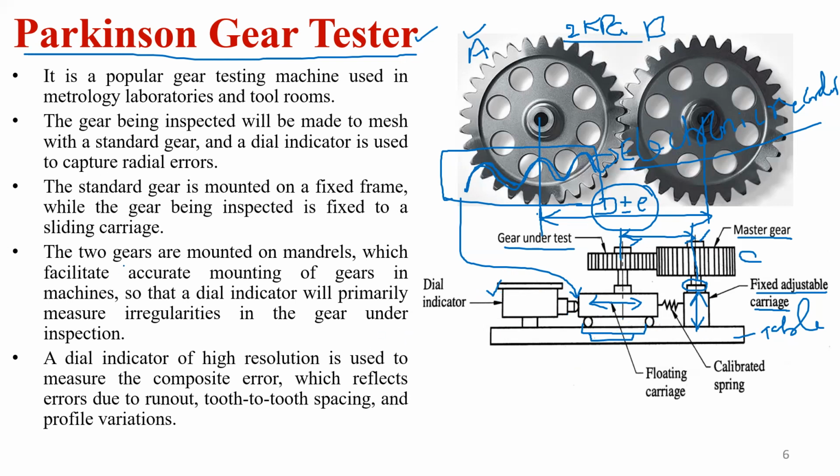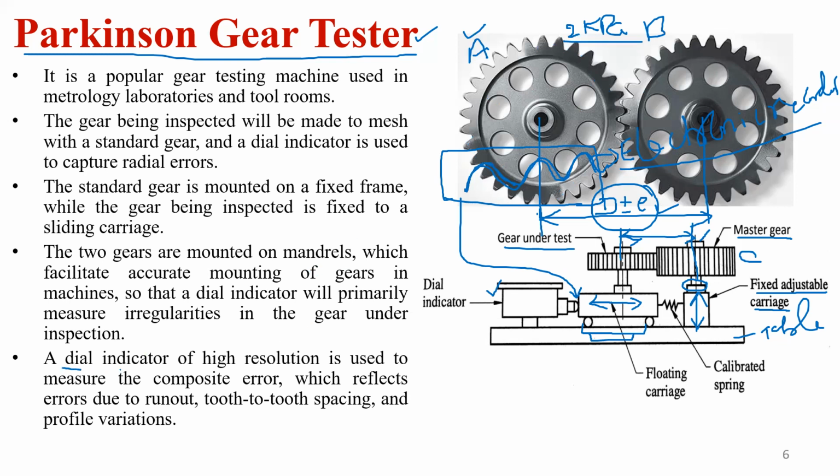Okay. So if the measured distance is more than the specified distance, that is D plus or minus e, then the gear is rejected. There may be errors in the gear tooth profile while manufacturing, or maybe an error in the pitch circle.